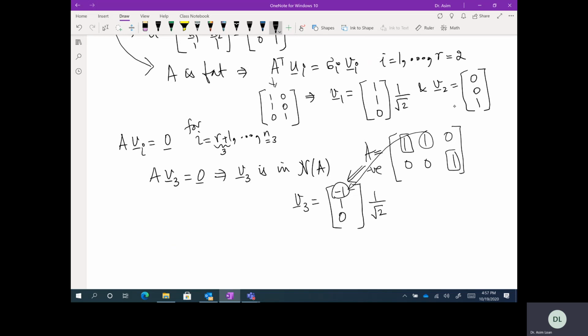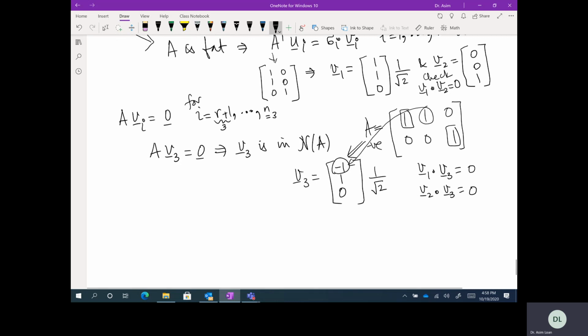Again, check. So v1 is orthogonal to v2. So always check. So this is orthogonal, and v1 dot v3 is -1 plus 0, so this is 0, and v2 dot v3 is also 0. So these are all three orthogonal.